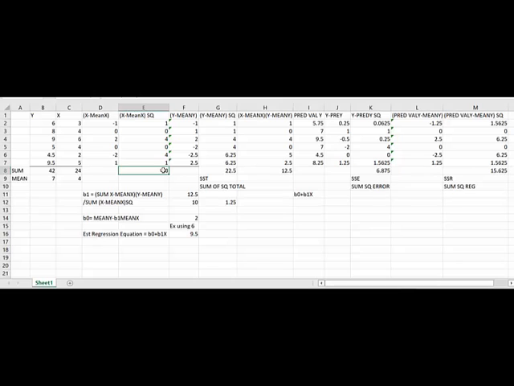So B0 equals the mean of y minus B1 times the mean of x.